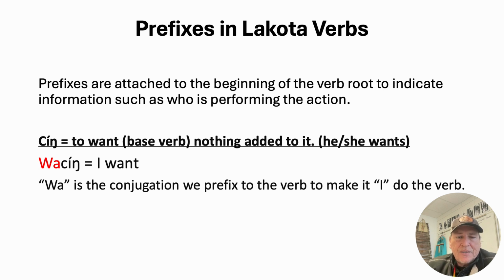To make this into I want, we're going to prefix wa to that verb. So it becomes wachi, I want something. Wa is attached to the beginning of the verb root chi. So wachi, I want.